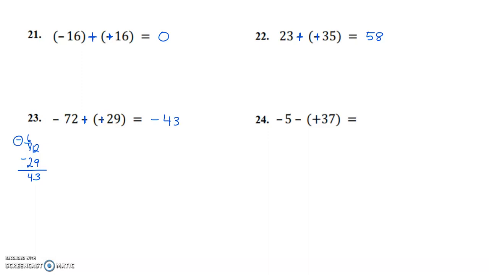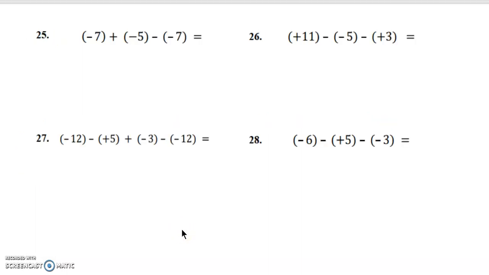Number 24, I'm going to change the subtraction to adding, change the positive 37 to its opposite, negative 37, and I have two negative integers, so I can combine them and keep the sign. 37 plus 5 is 42, and it's going to be a negative 42.